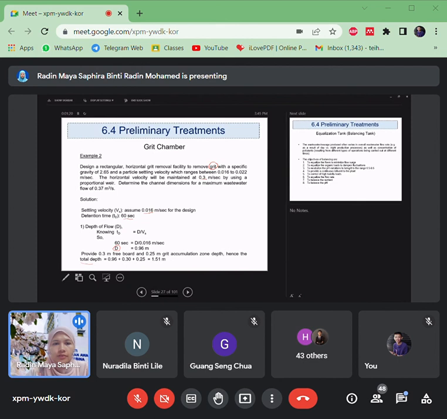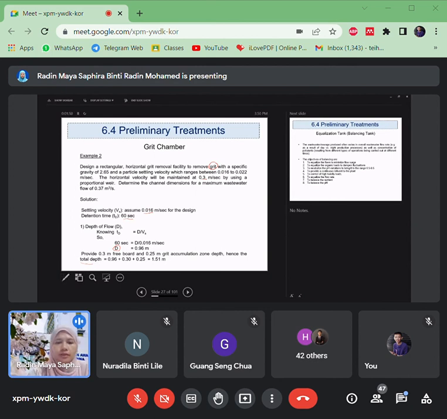Next, you can calculate the length of the tank by using this equation. Given the horizontal flow velocity is 0.3 meter per second, right? So the length is 60 times 0.3, 18 meter. So provide 25% additional length to accommodate the inlet and outlet zone. So the length of the grit chamber is 18 times 1.25, so 22.5.